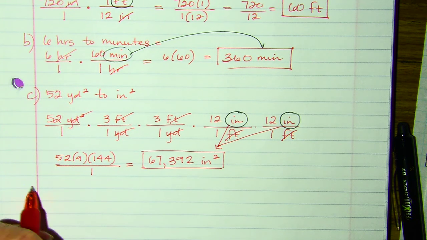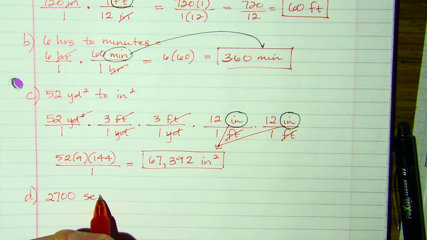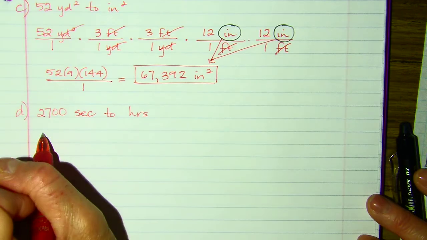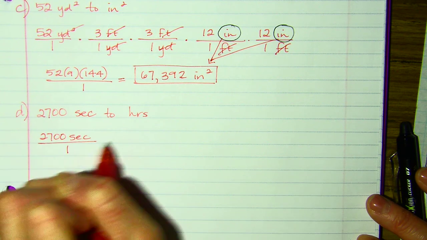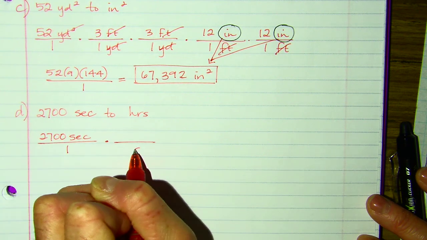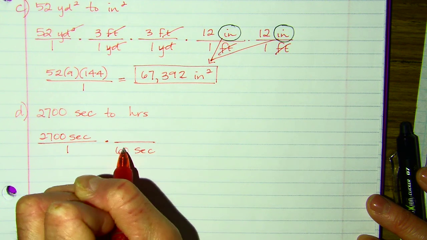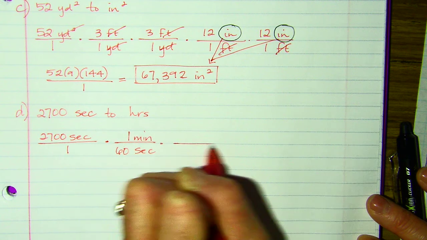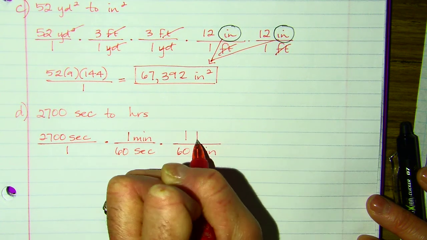D wants me to convert 2,700 seconds to hours. So 2,700 seconds over 1. Now, to get it to cancel, I had to put it down here. So there are 60 seconds in 1 minute, and there is 60 minutes in 1 hour.